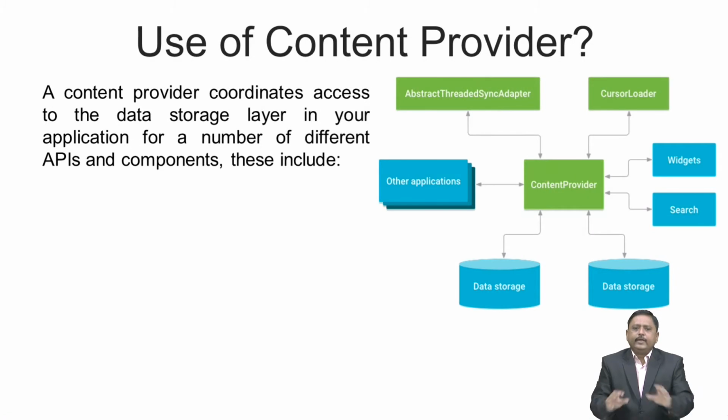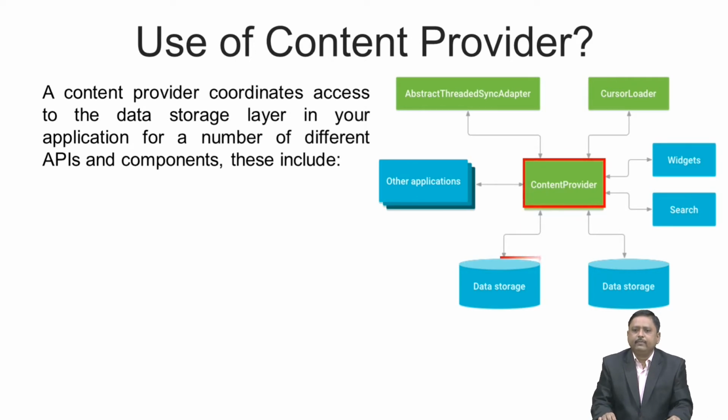So what is the use of content provider? We will try to understand the use of content provider with the help of this figure. A content provider coordinates access to the data storage layer in your application for a number of different APIs and components. So the central part is content provider and it has access to data storage, that you can see below content provider.